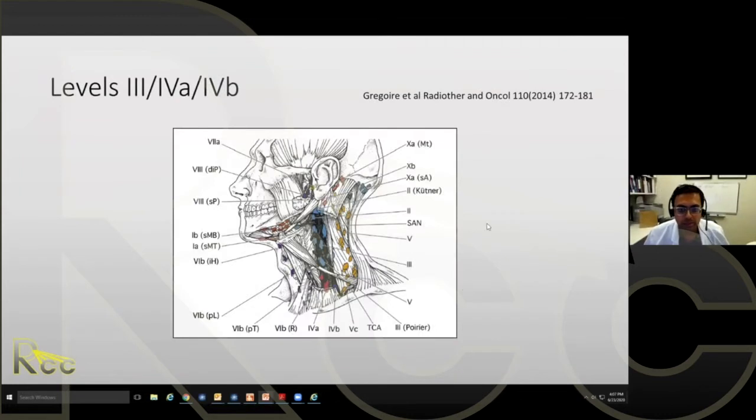So, you already talked about 1B and level 2. Now levels 3 and 4 are a continuation of level 2. Another name you may hear is the jugulo-digastric chain of lymph nodes, and these are what we're going to discuss.